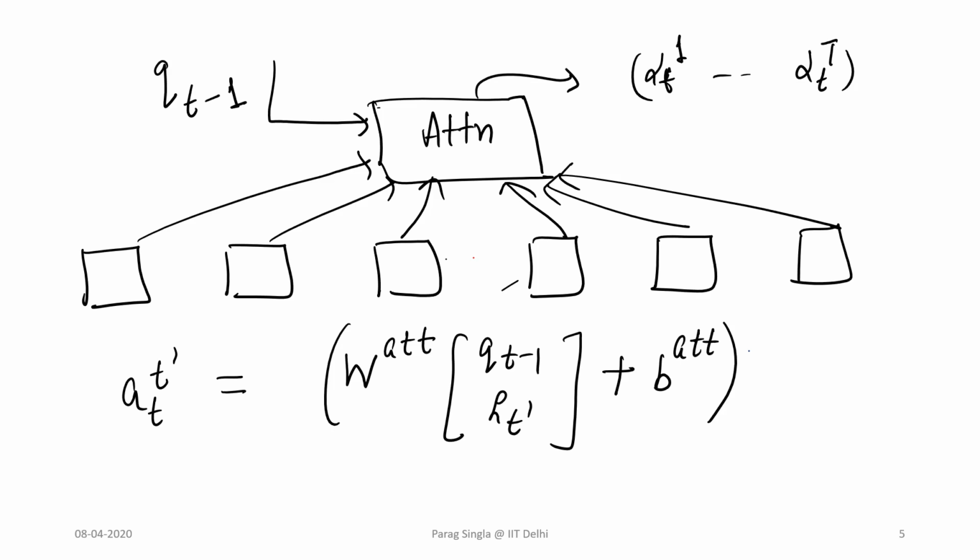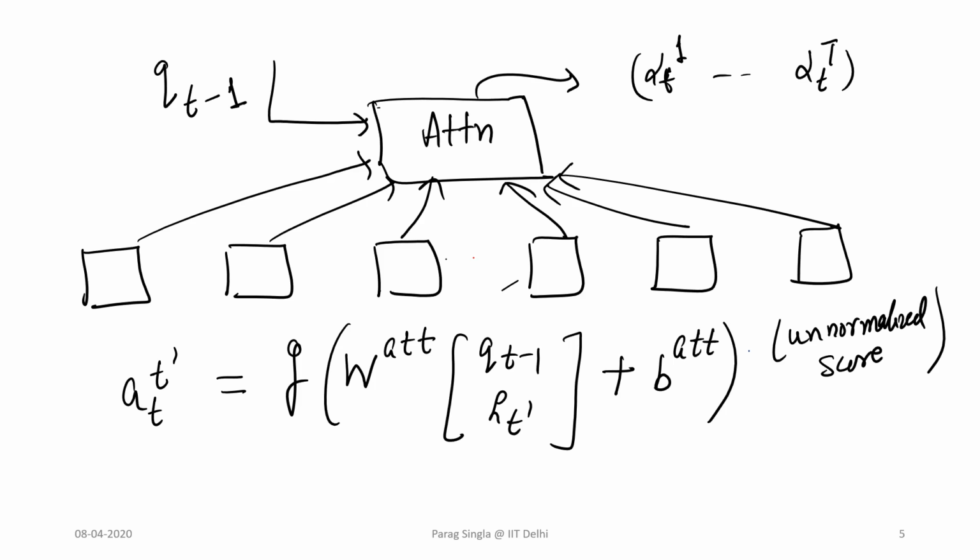And then take the sigmoid or activation of this. So this computes the unnormalized scores for the hidden state at time t prime, and all these scores are being computed for computing the output y t hat at time t.